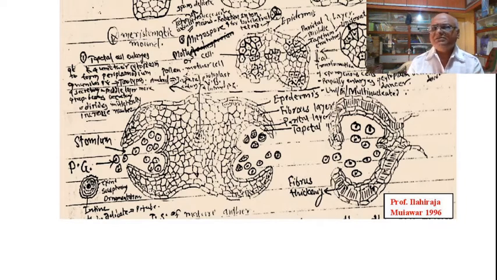What about these? Uninucleate is the common one, but in some cases, for example in aquatic plants, the pollen is already trinucleate. That means germination of the pollen has been completed within the microsporangia or the anther, and then they are liberated.